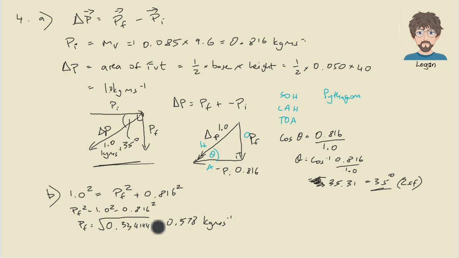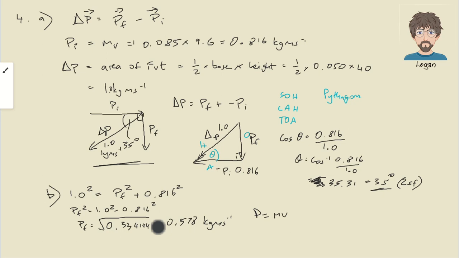That is not our answer because we've been asked for the speed of the ball as it leaves the bat. P equals mv. Therefore, V equals 0.578 divided by, so the momentum divided by, actually, again, go back, take the steps, take less steps at once, makes less room for error.